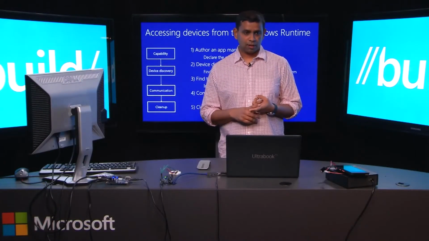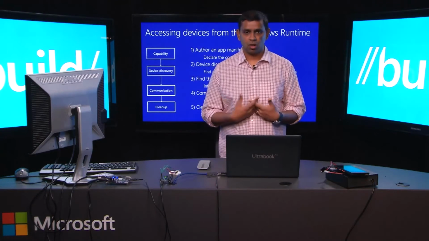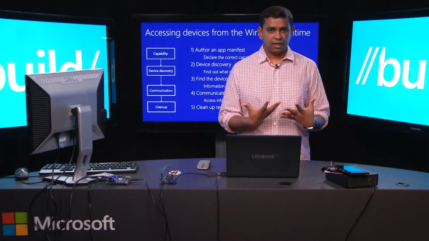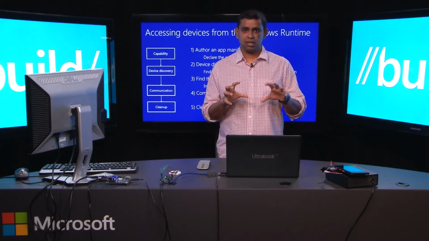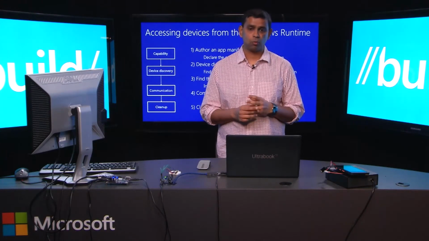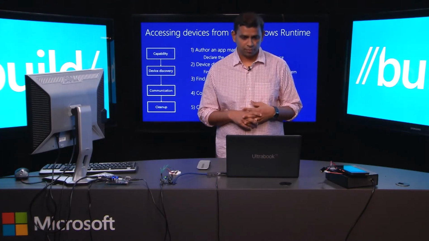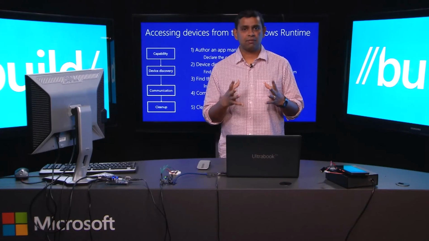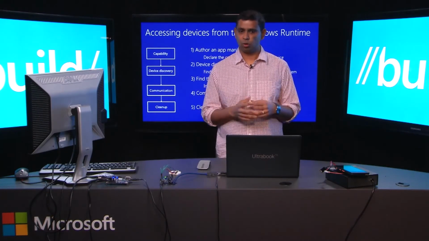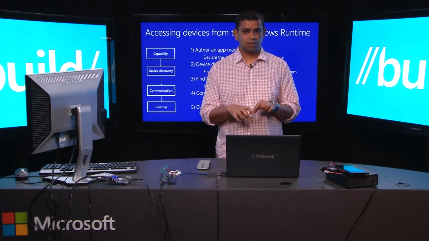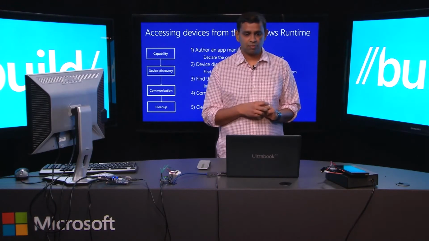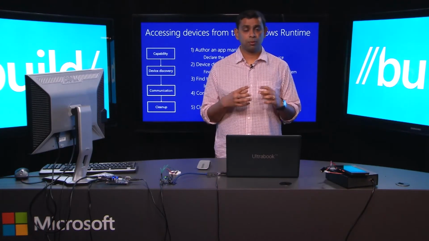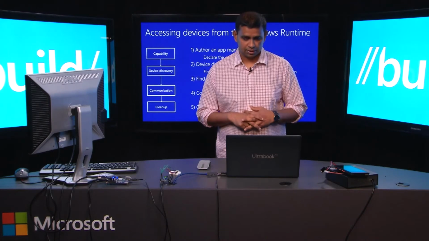First of all, you need to declare what is called a capability. The capability declaration is a means to express the intent of what the app will use. It could be some really high-level construct like internet or location, but since we're focusing on device-specific stuff, we're going to use device capabilities.